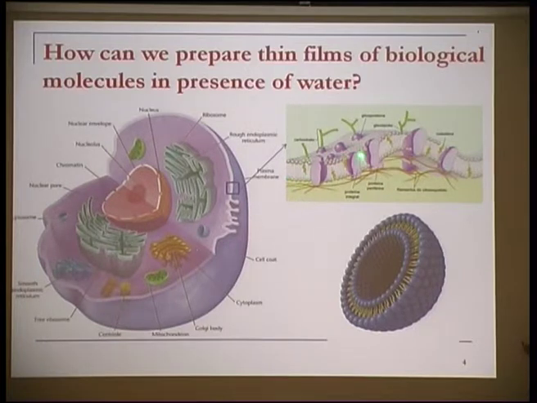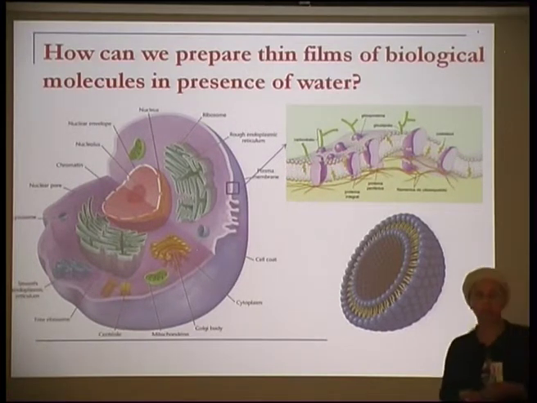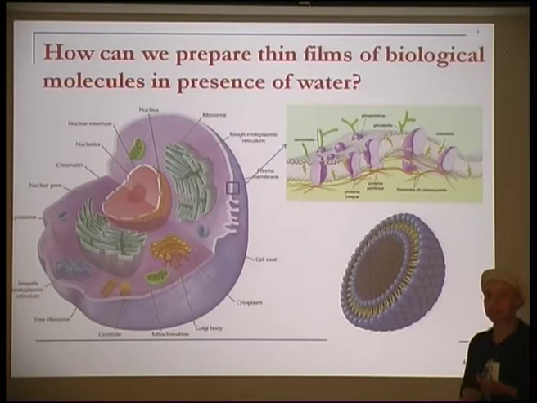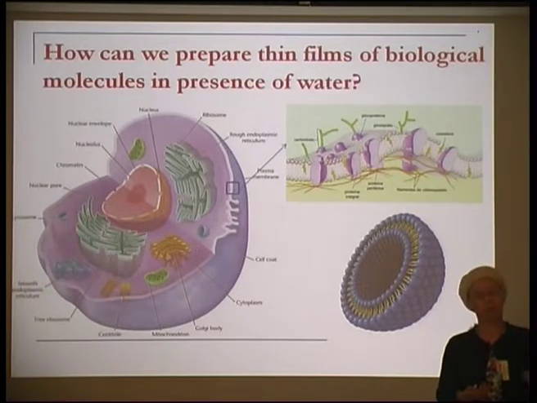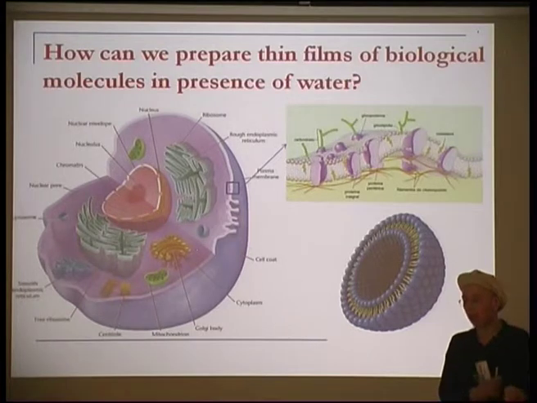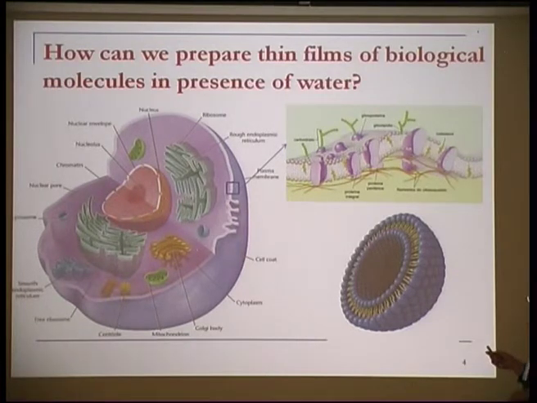To prepare this lipidic bilayer, we can use the Langmuir-Blodgett system, but we need to take one layer, and after that the second layer.